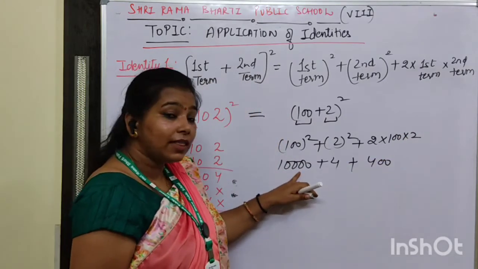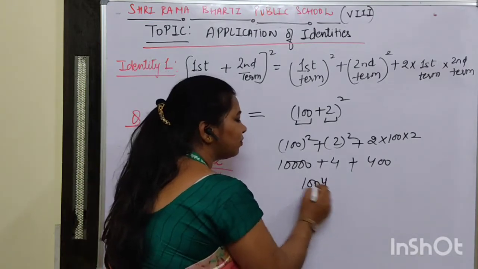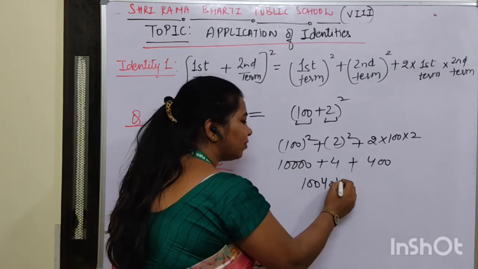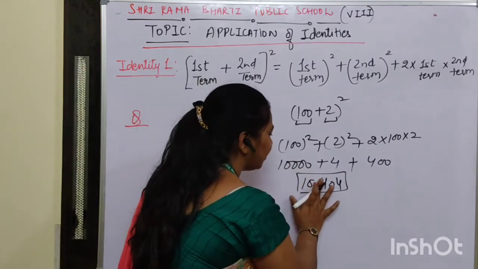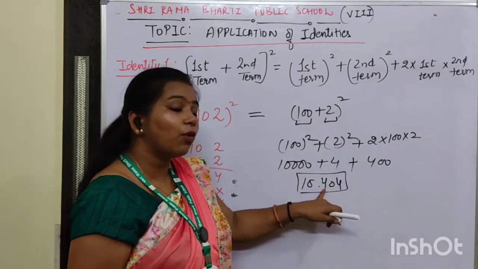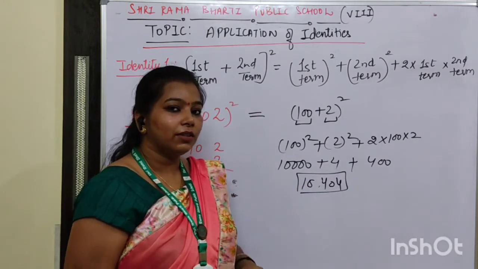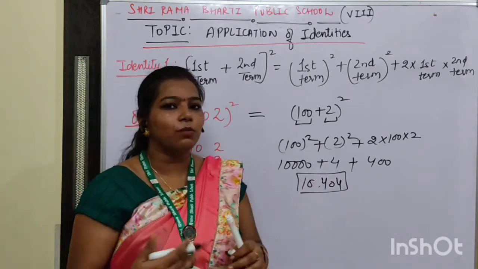So 10,000 plus 400 would be 10,400, plus 4. So the answer would be, sorry, there is a mistake, so the answer would be 10,404.